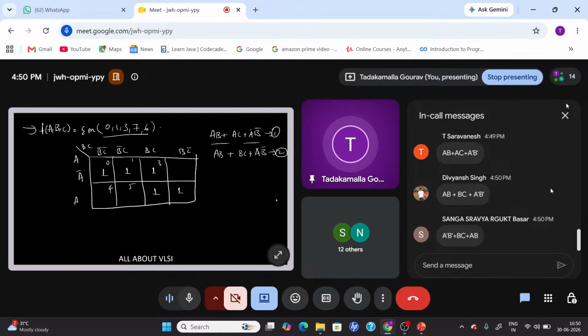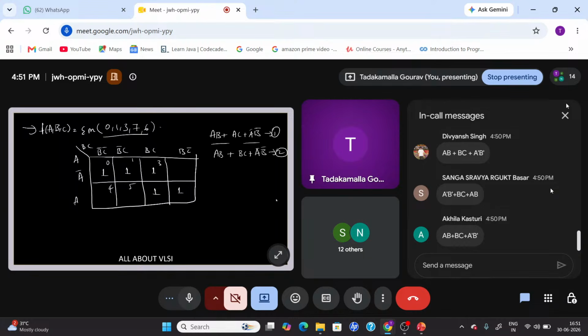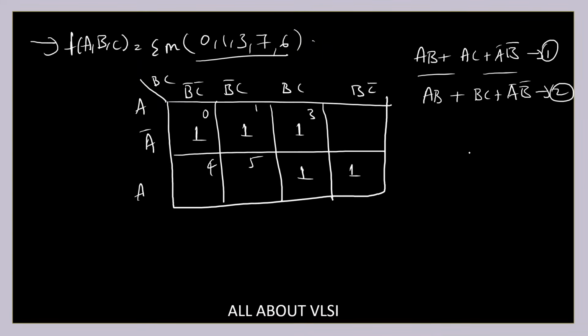Okay. Are we getting A bar B bar? I can't see A bar B bar forming. Once check your answer. Okay, A bar B bar is also forming now. How AB is forming? Let's group and check how AB is getting.